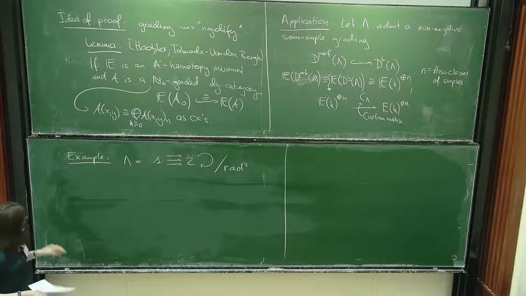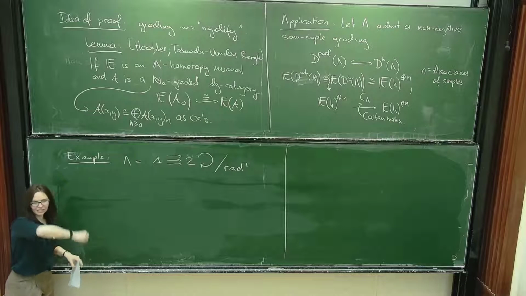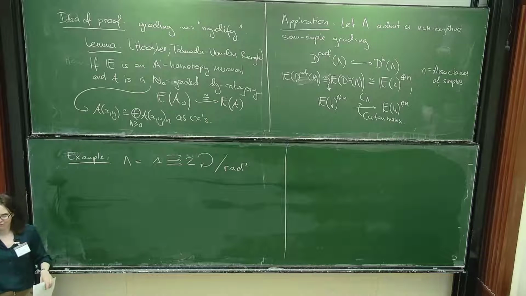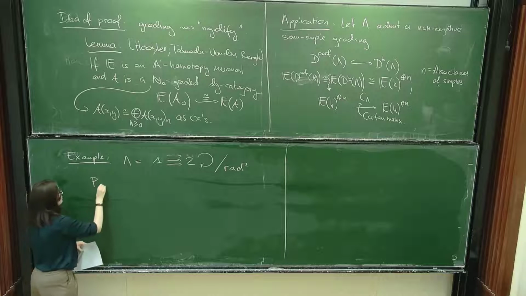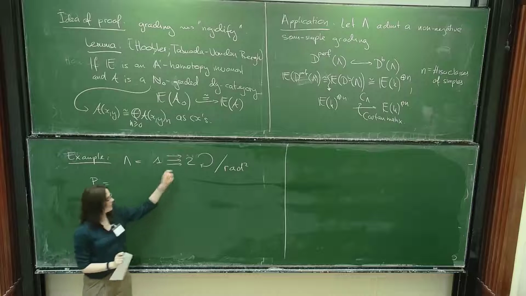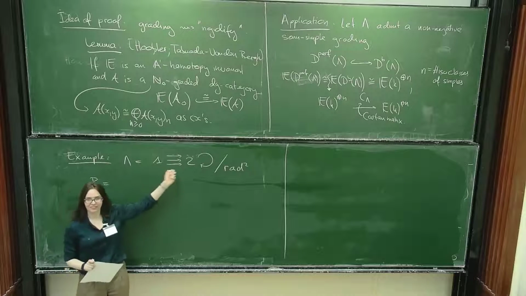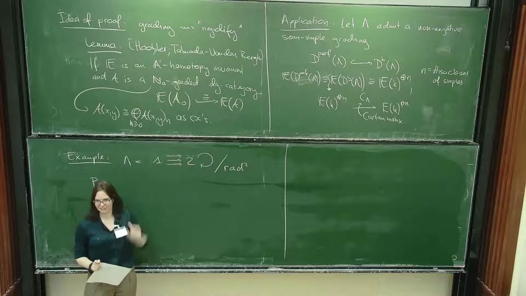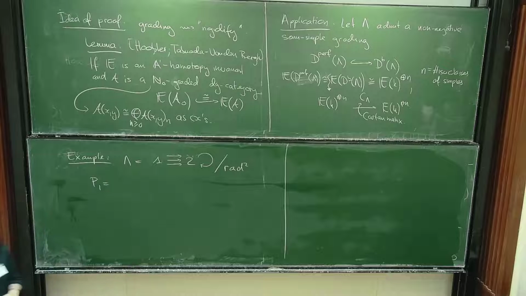So I said that the columns of the Cartan matrix are just the dimension vectors of my indecomposable projectives. So I want to write down the indecomposable projectives, and I can write this down as a quiver representation. Then all I have to do is count the dimension of the vector space at vertex 1 and at vertex 2, and that's going to give me a column in my Cartan matrix.